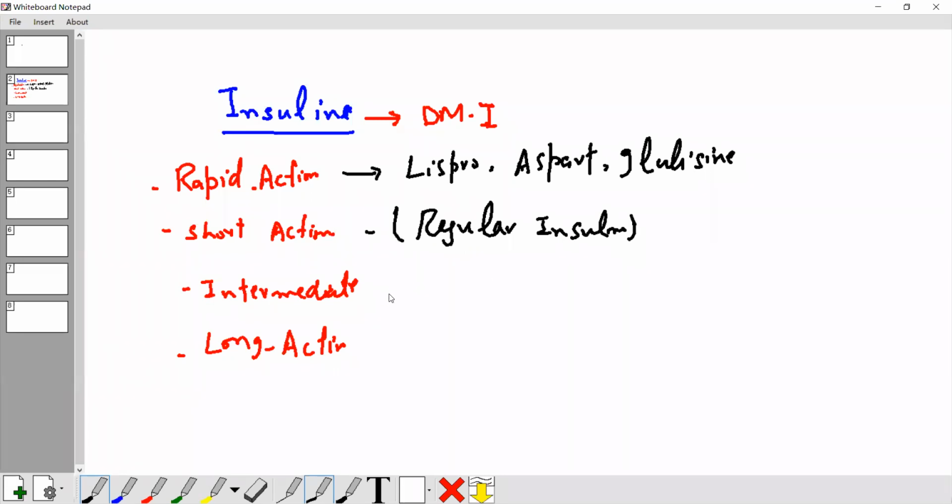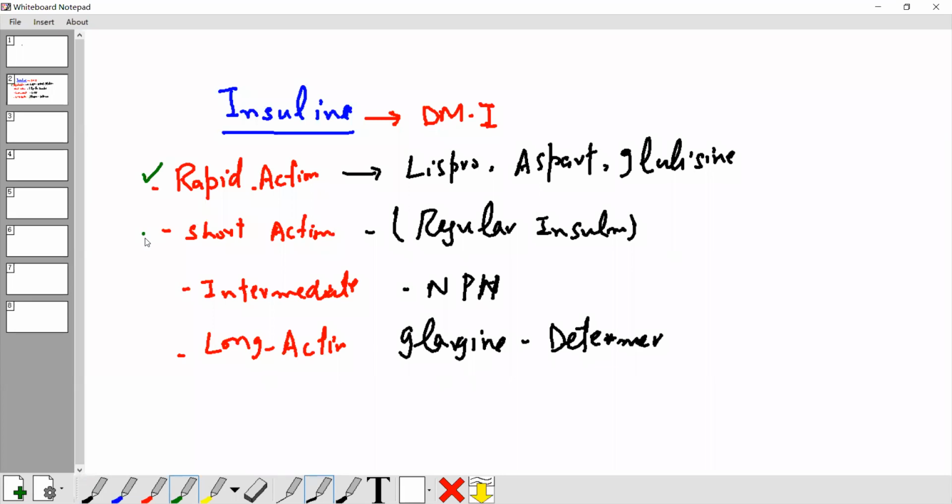Intermediate: isophane insulin, crystalline insulin, also known as NPH. And long action: glargine and detemir. These are the types of insulin: rapid, short action, intermediate, and long action.